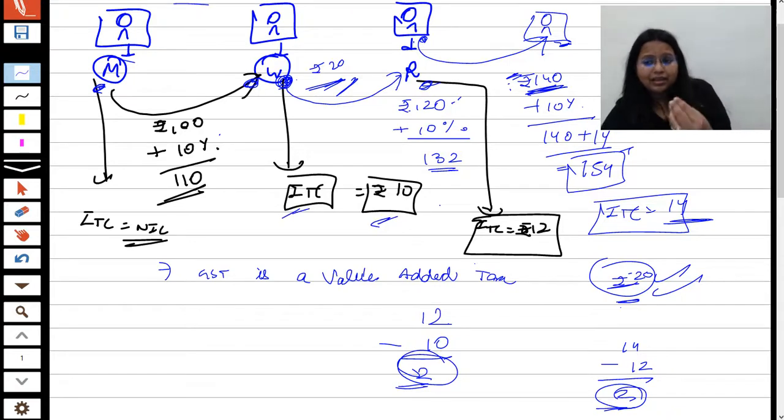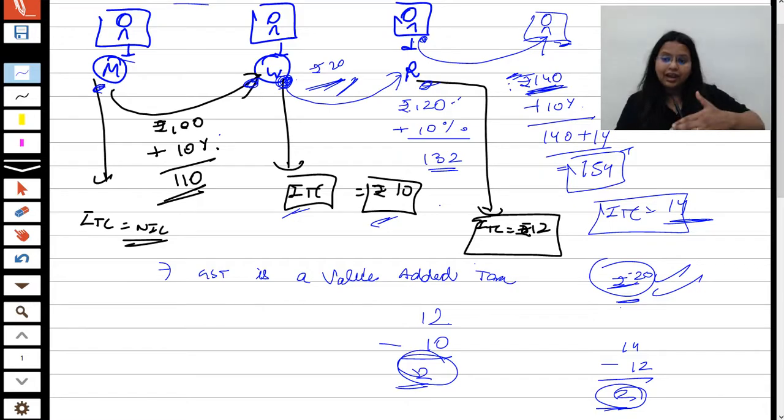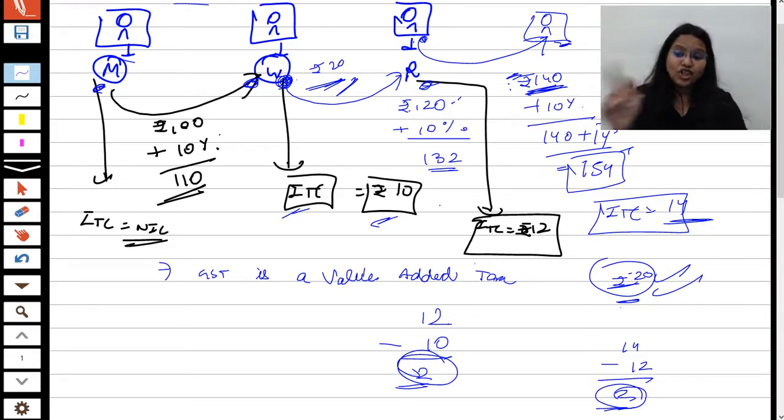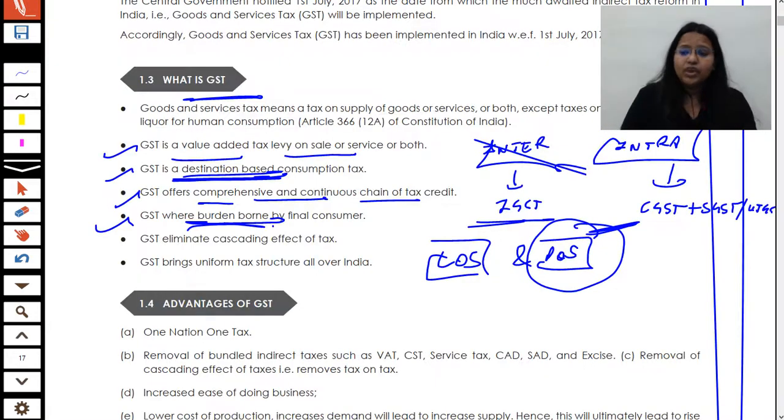It means they are only paying the balance, deducting the amount they have already paid as input tax credit. But the whole amount is ultimately paid by the consumer, because the consumer has paid the total rupees 14. It means the final burden of GST is on the consumer only. Whenever we go to the market, we never take an ITC on it. So the final burden is borne by us only.